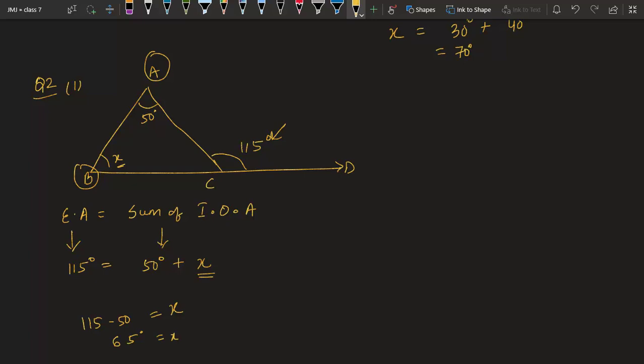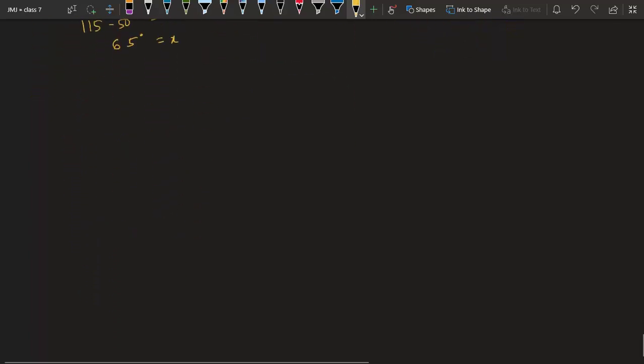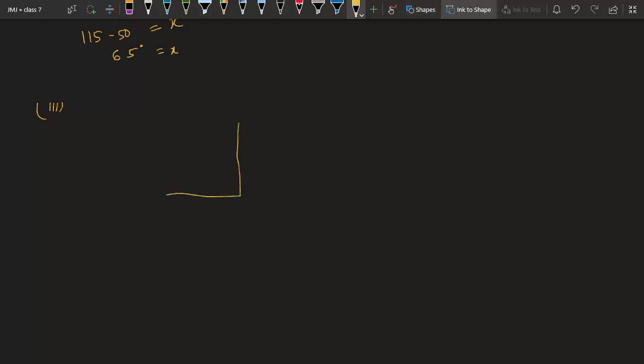Okay, let me take the third part. I hope you are able to understand and you can solve the remaining parts on your own, because they are similar questions only. Nothing new is in the third part. We have a right angle triangle, and we have extended this side like this. Let me call it A, B, C and this extension as CD.